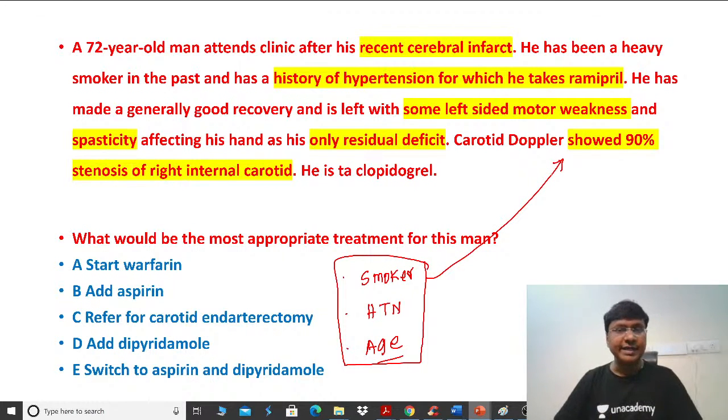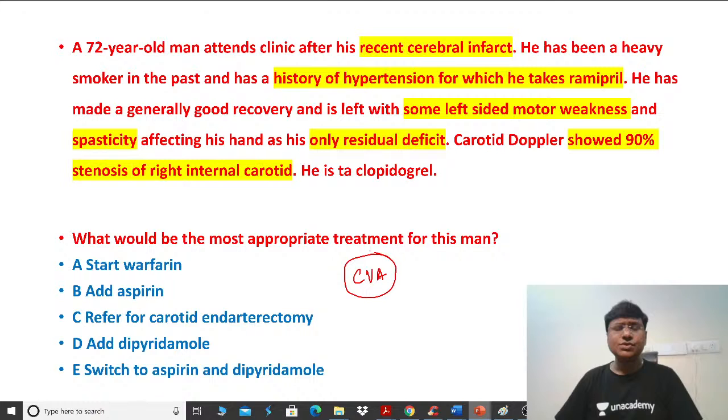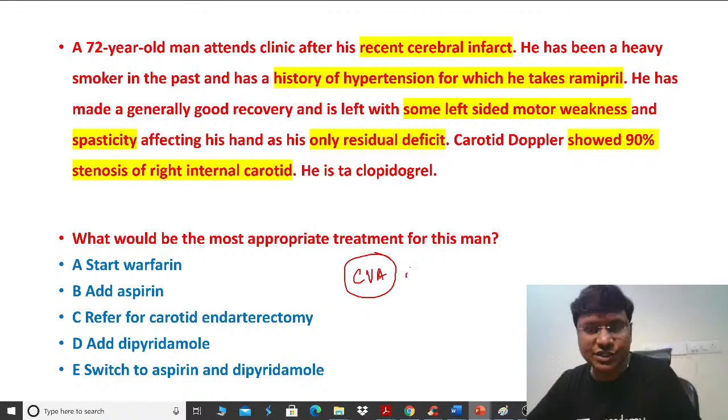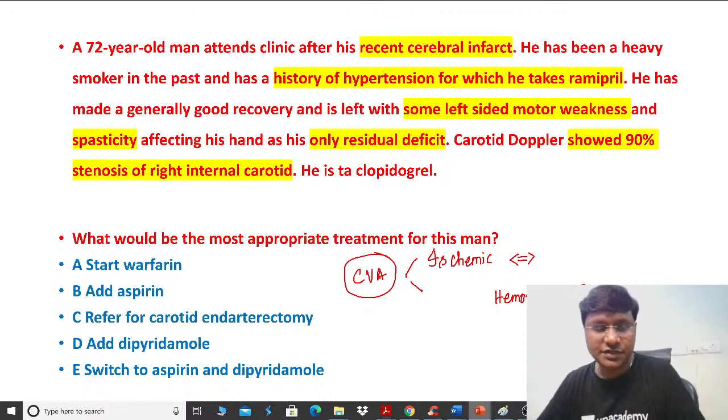Okay, next. Apart from that, you take the cerebrovascular accidents. Let me know, is ischemic stroke more common or is hemorrhagic stroke more common? Which is more common?